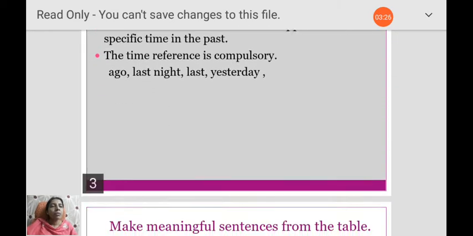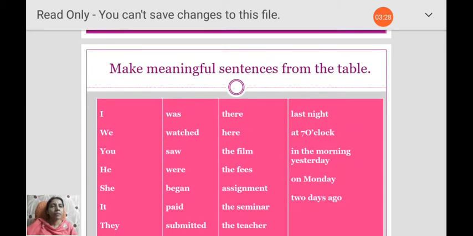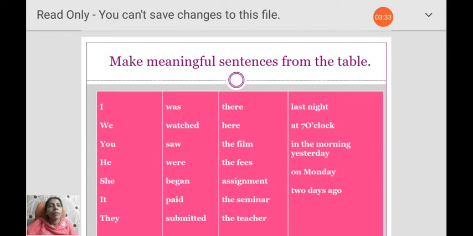And now let us look at this table. Here is a table. Make meaningful sentences from the table. You can make any number of sentences, but at least make 5 or 6 at the beginning, and later you can take a screenshot, or afterwards you can rewind the video and make the sentences for your practice.